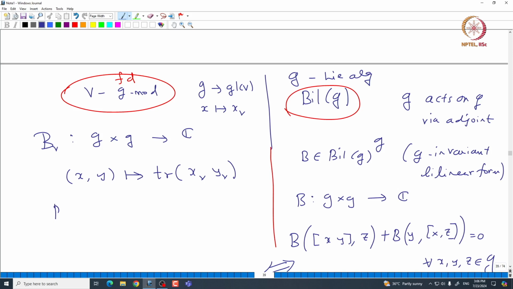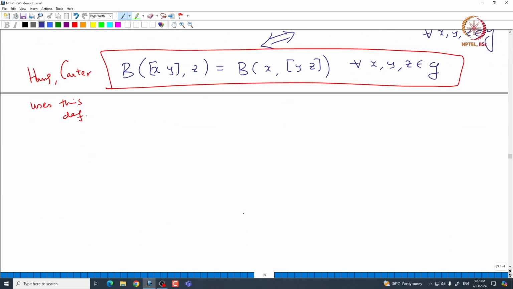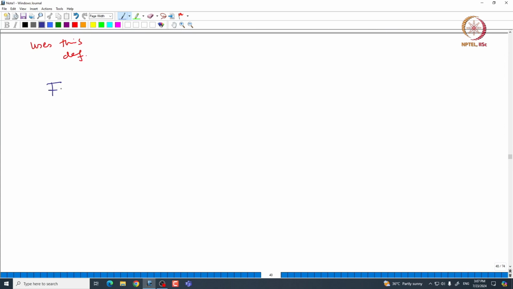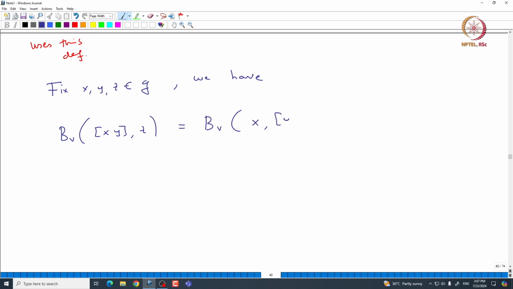Okay. So, this B_V is indeed a G invariant form on G. Let us do this computation, it is very trivial. So, fix x, y, z inside G. We want to prove that B_V of [x, y], z is the same as B_V of x, [y, z]. Let us compute the left hand side.